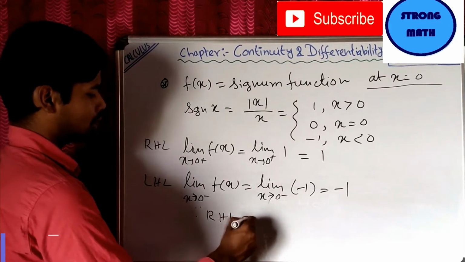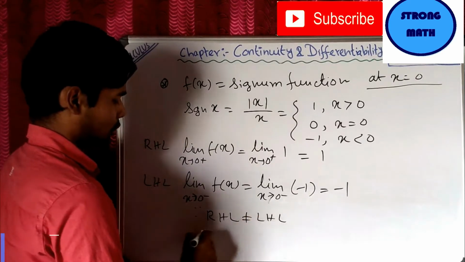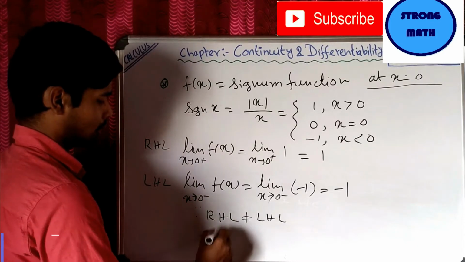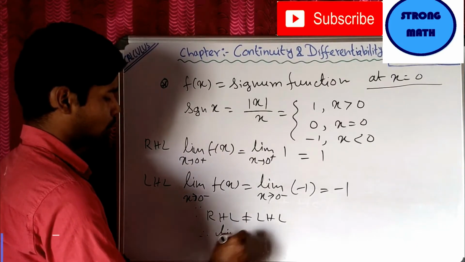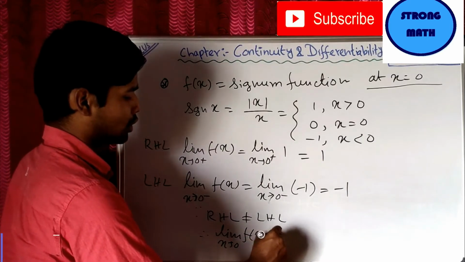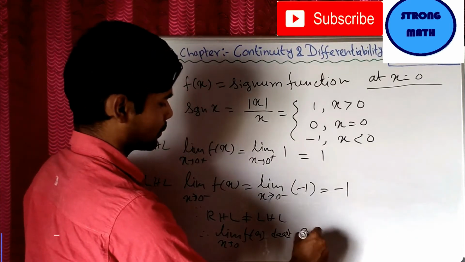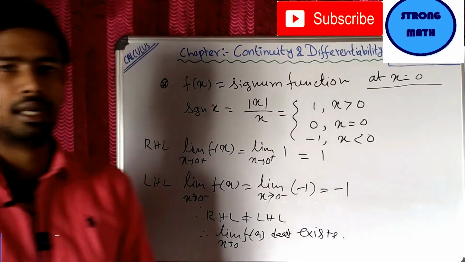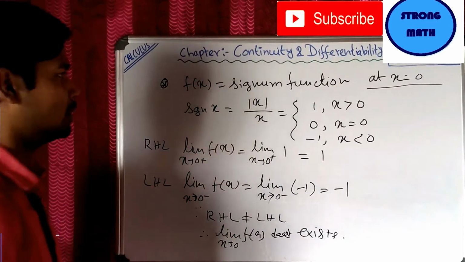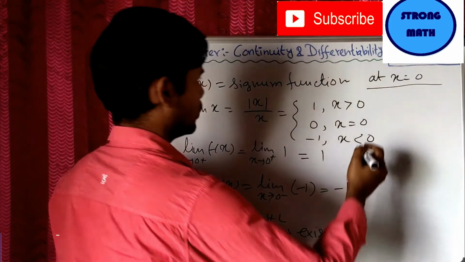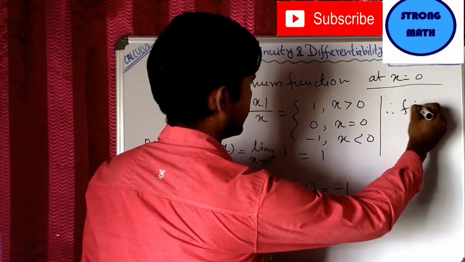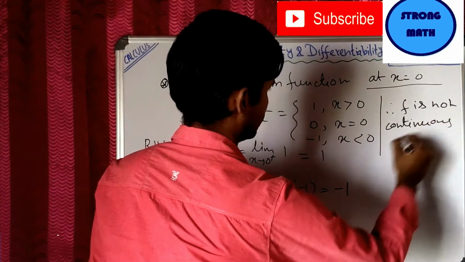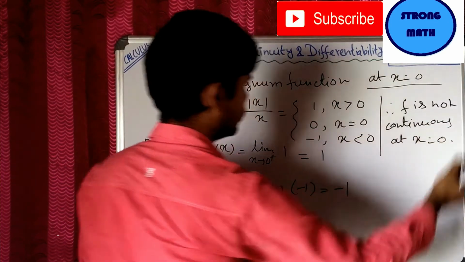Since the right hand limit is not equal to the left hand limit, limit x tends to 0 f of x does not exist. Right? Since the limit does not exist, we can say that the function is not continuous at x equals 0.